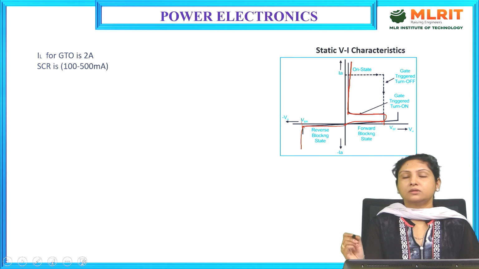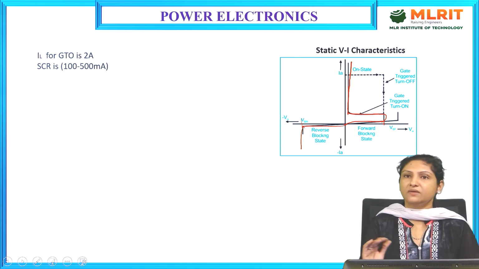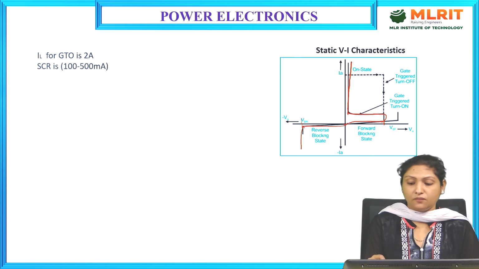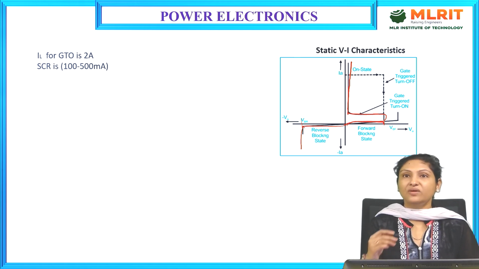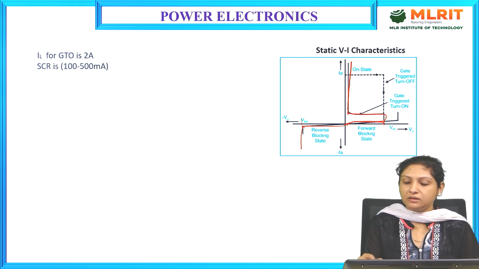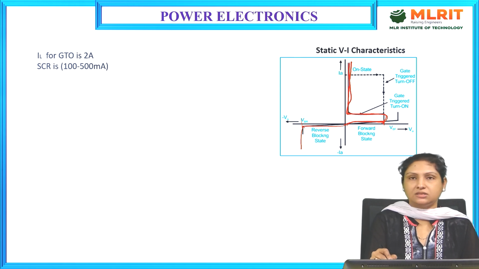Previously it was in the forward blocking mode, and at this instant, if we intend to turn on the GTO, we apply the required magnitude of gate current and thereby bring the GTO into the conduction state.